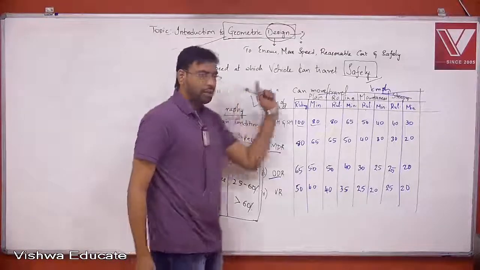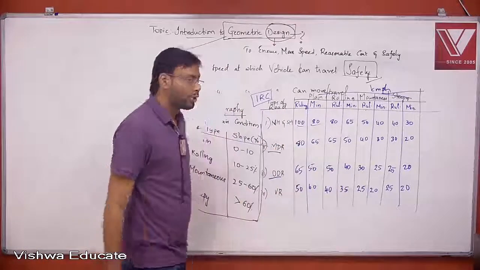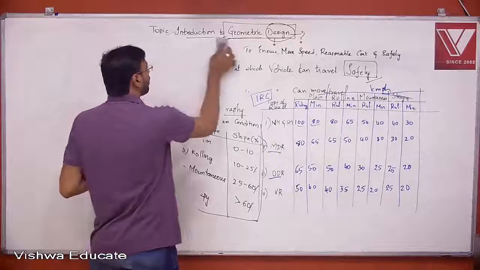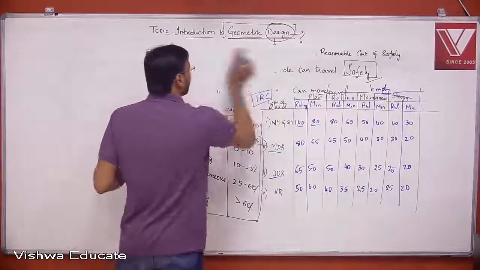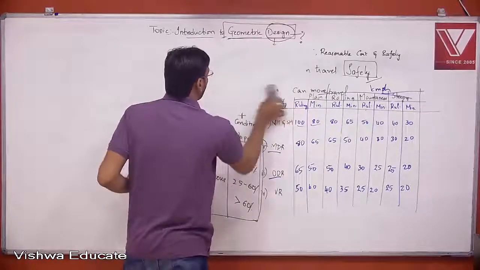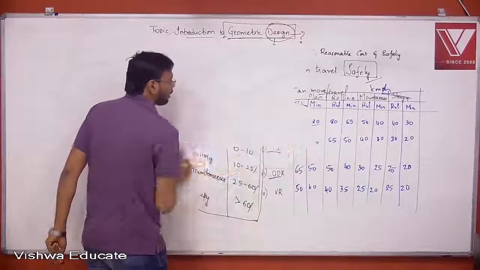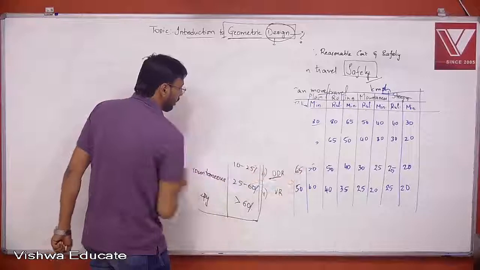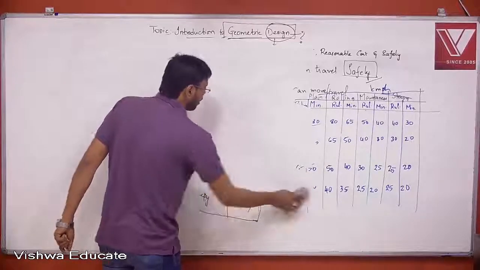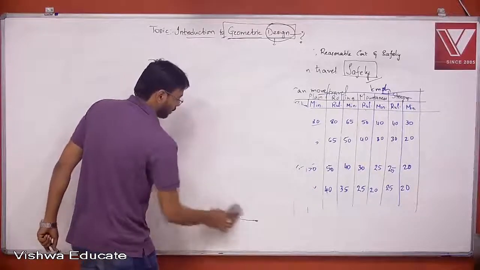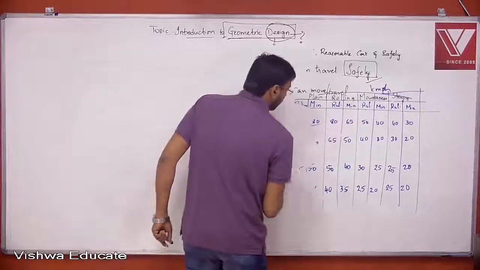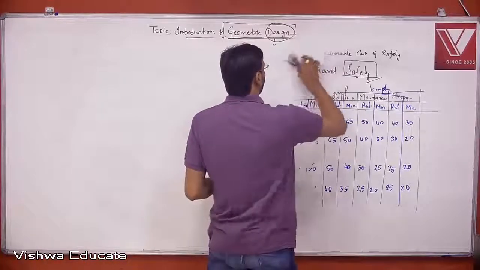And for urban areas, we have already seen the design speeds for the types of roads in urban areas like arterial, subarterial, collector, and local streets. For arterial road, it is 80 kmph. For subarterial road, it is 60 kmph. For collector street, it is 50 kmph. And for the local street, it is 30 kmph.